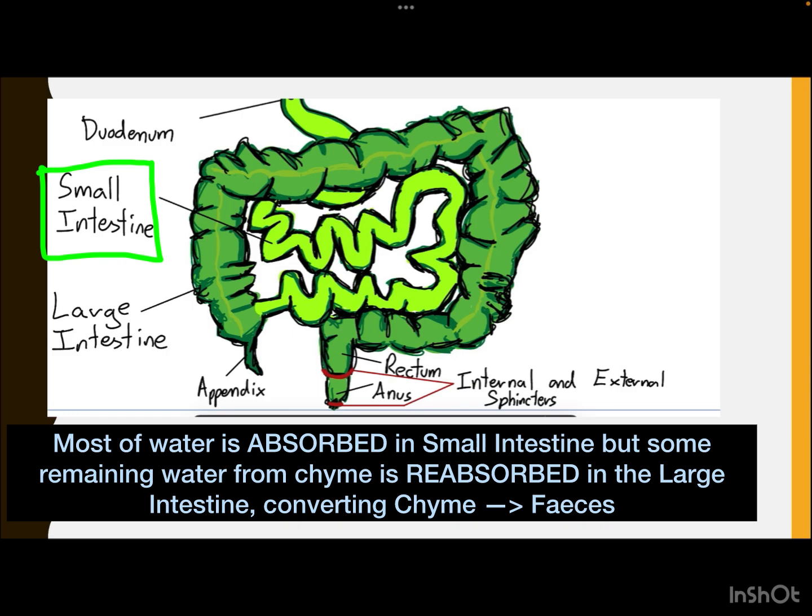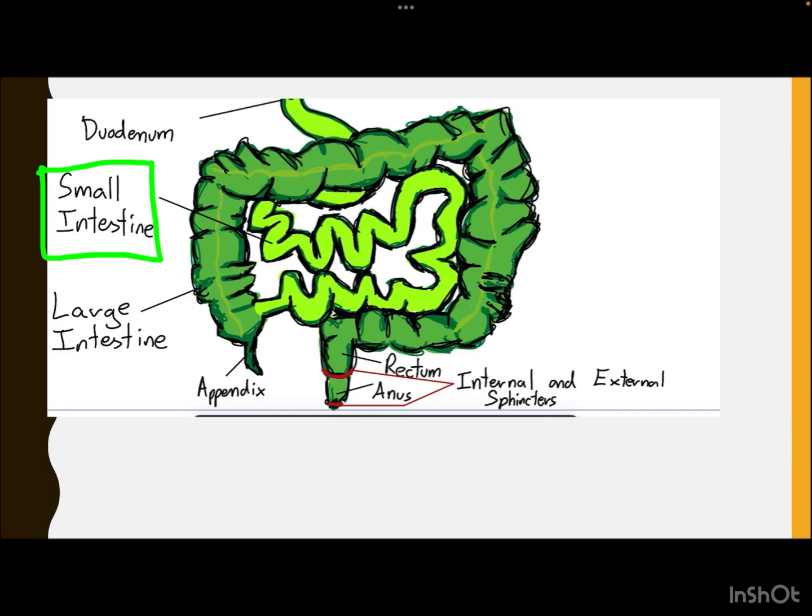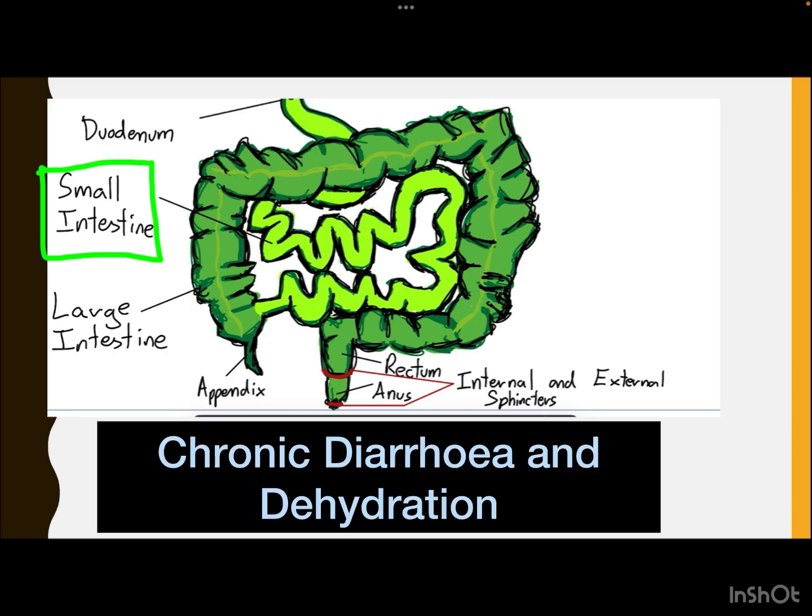We want the body to be as efficient as possible, so despite having absorbed most of the water from the chyme in the small intestine, there will be some remaining water that hasn't been absorbed. And that's the job of the large intestine, to remove much of this leftover water. So this will eventually turn the chyme into what we know as solid feces. Without the reabsorption of water in the large intestine, we would have things like chronic diarrhea and dehydration.